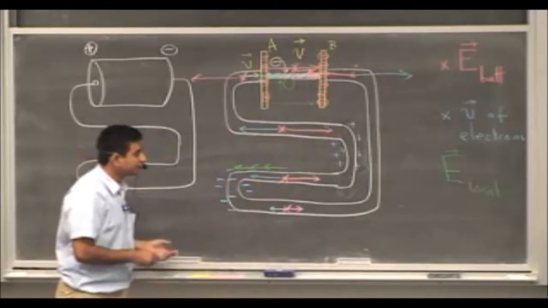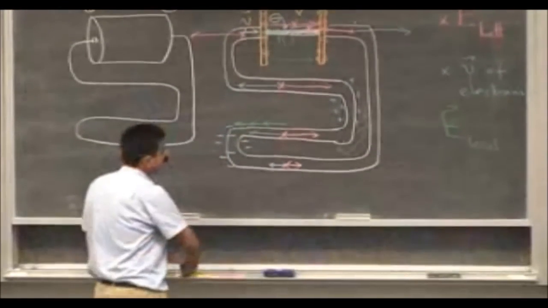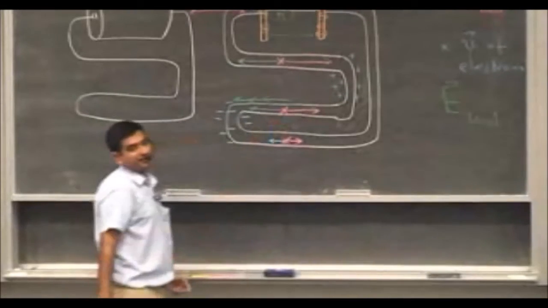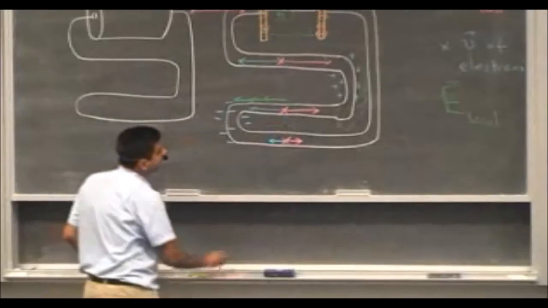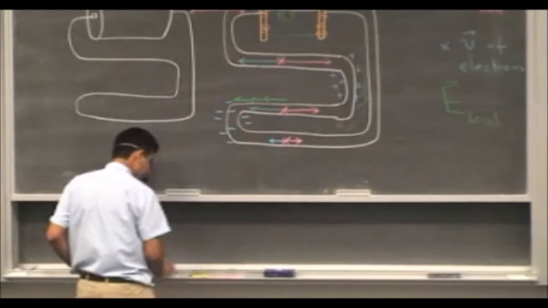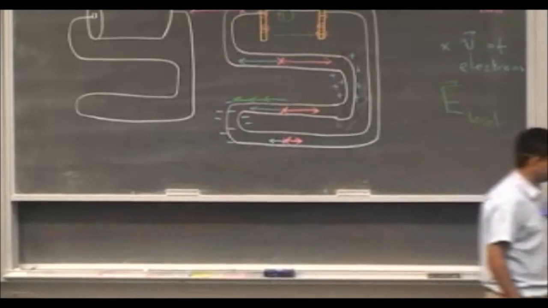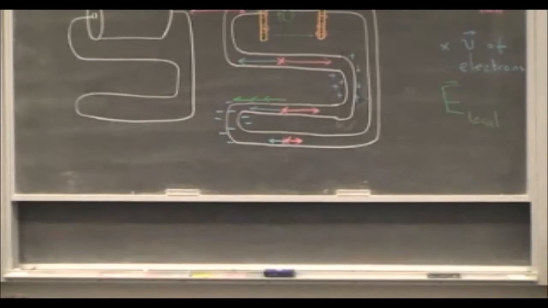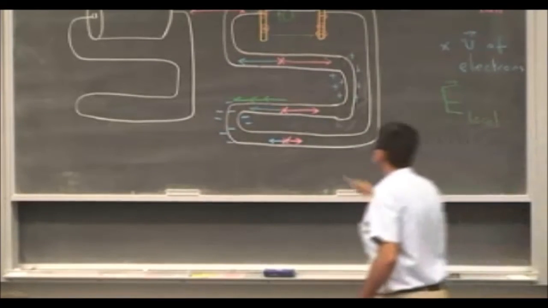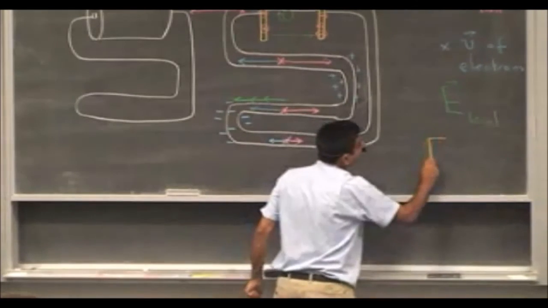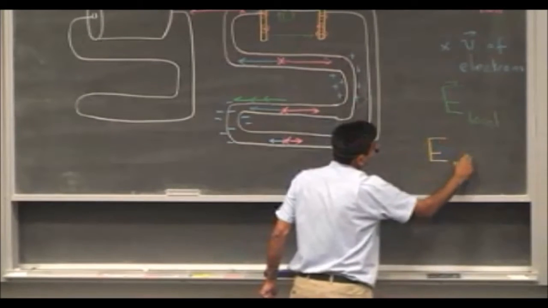Until we reach a position when the net electric field in this region... Okay, now which color do I use? I use yellow. In this region, I would like to draw the net electric field.